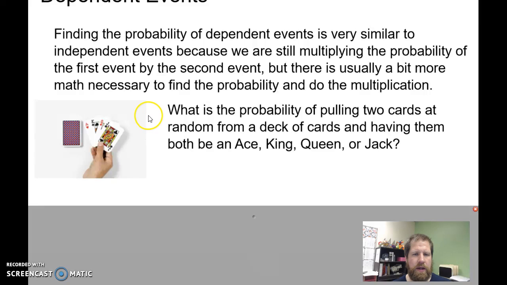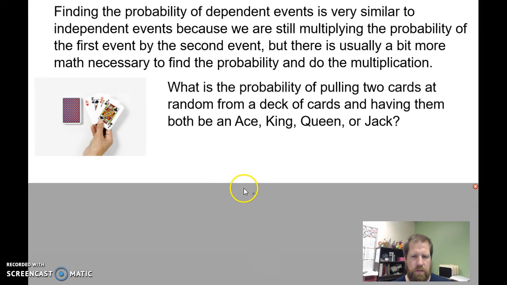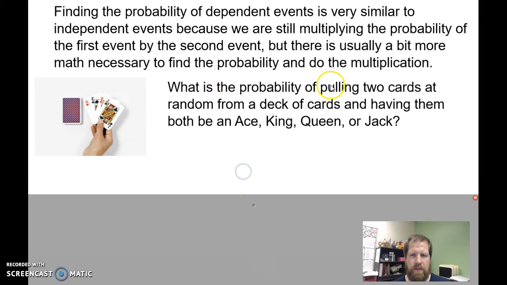So in our first question, let's jump right in. What is the probability of pulling two cards at random from a deck of cards and having them both be an ace, king, queen, or jack? Our job first is to figure out what our first event probability is. Our sample size, a standard deck of cards, is going to be 52.